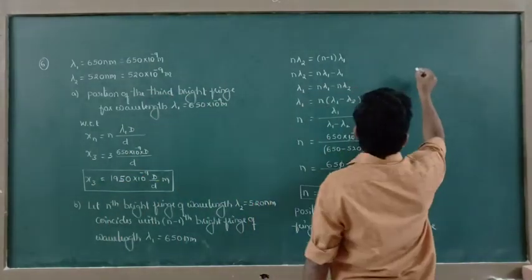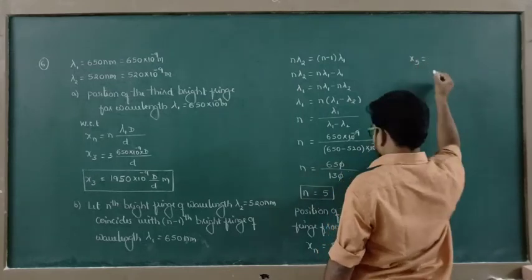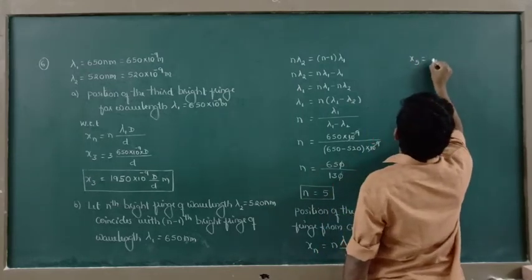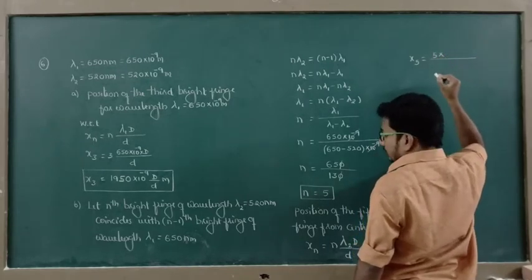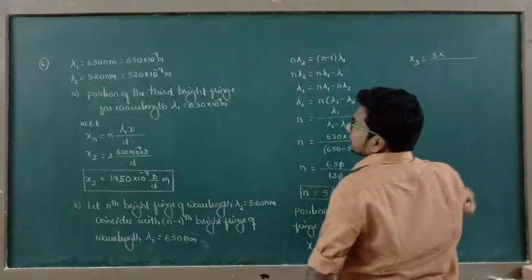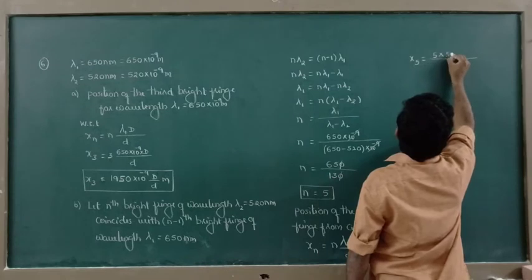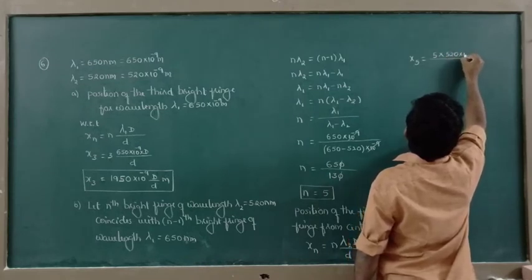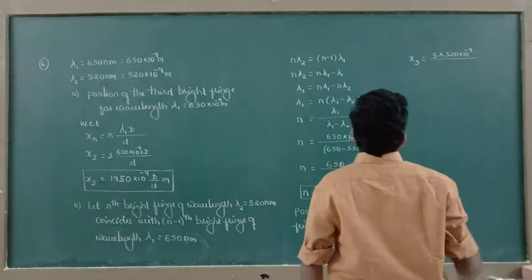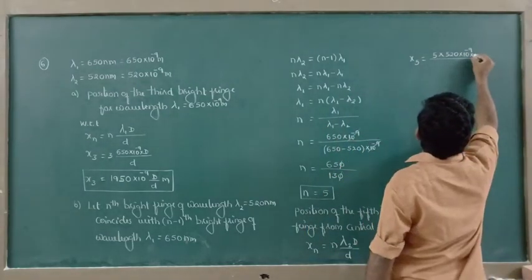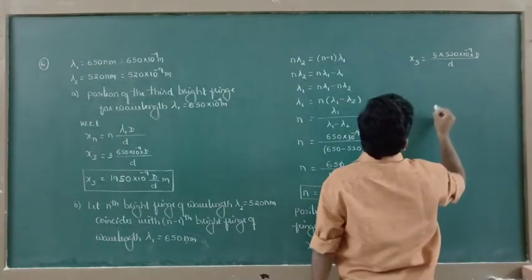Then xn is equal to, n is equal to 5. So here 5 into lambda 2. Lambda 2 is equal to 520 nanometer into 10 to the power minus 9 into capital D. We don't know capital D. Take that capital D as it is, divided by small d as it is.